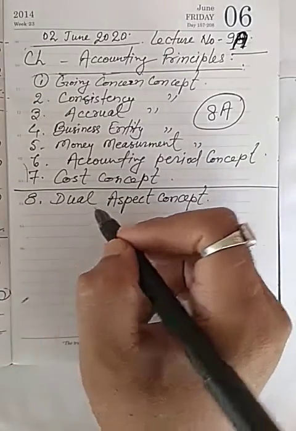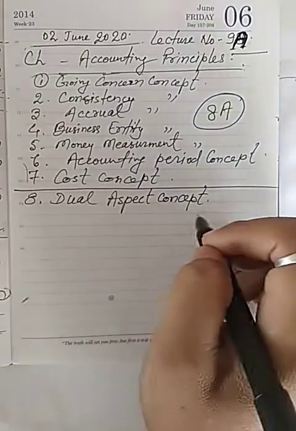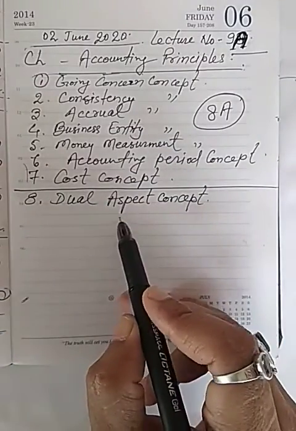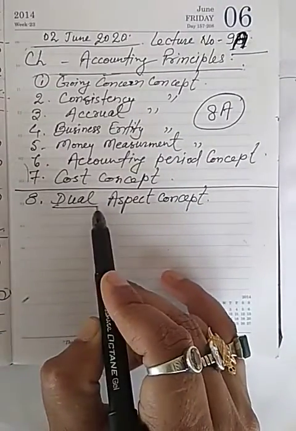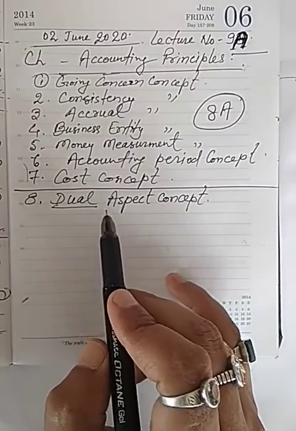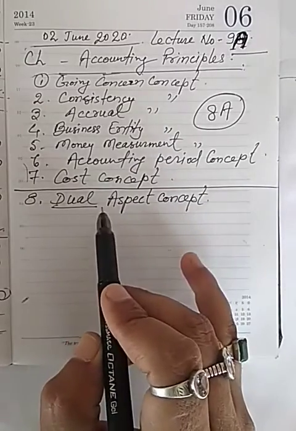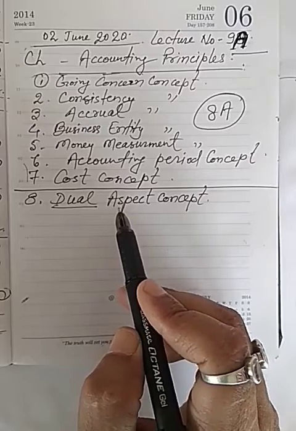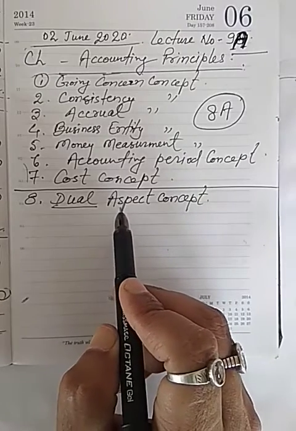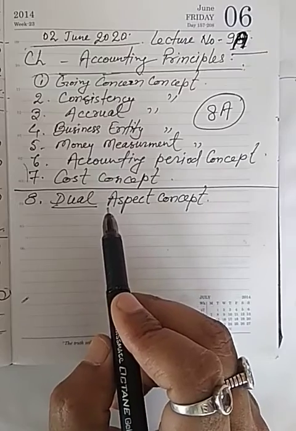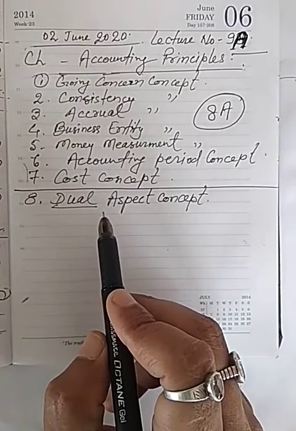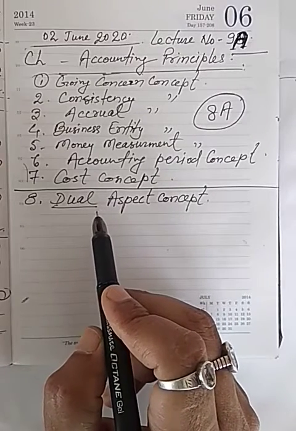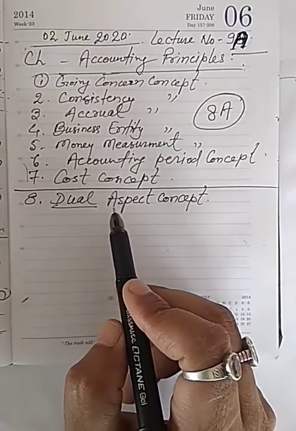According to this concept, every business transaction is recorded as having a dual aspect. In other words, every transaction affects at least two accounts. If one account is debited, any other account must be credited. The system of recording transactions based on this principle is called the double entry system.